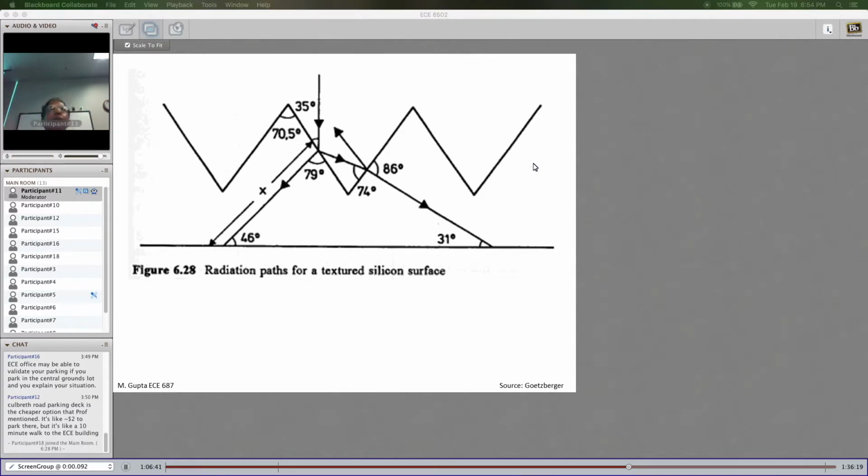So the 100 crystallographic orientation is normal to the silicon surface. Now you take that 100 surface, and people have found a chemical agent where you dip this 100 oriented silicon in a special chemical.